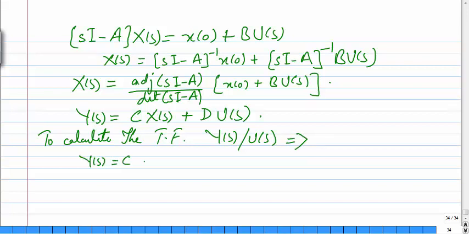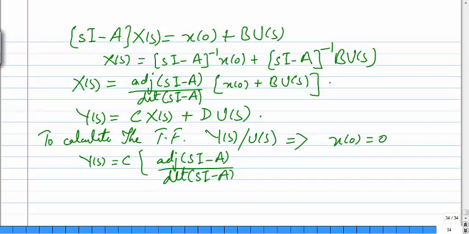Y(s) equal to C, and for the transfer function X(0) is equal to 0, so it becomes adjoint (sI minus A) divided by determinant (sI minus A), times B, plus D, divided by U(s). So this is the transfer function we are getting.